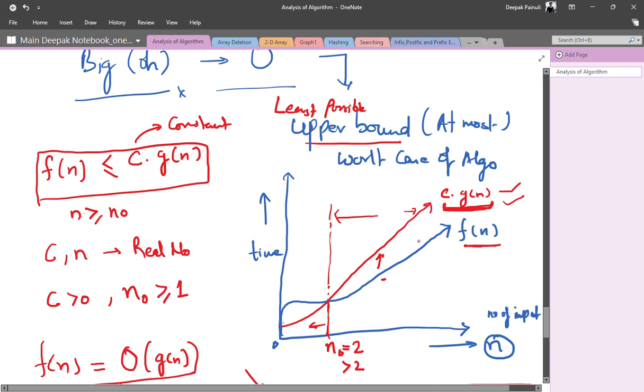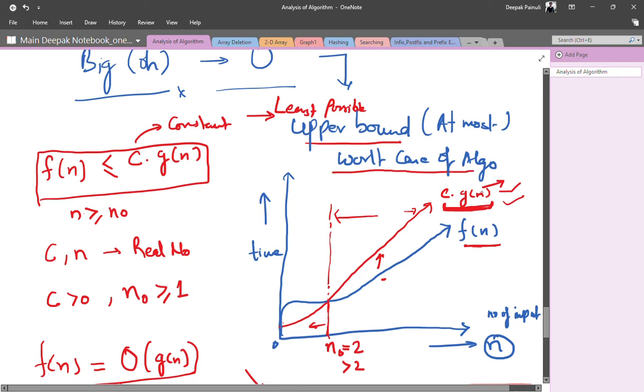What it means is that for any algorithm, this function will tell the upper bound for that particular algorithm, right? So it will show you the least possible upper bound. Here the least possible upper bound means we will consider only that upper bound which is nearest to our function fn value, right? That's why we are talking about the worst case of an algorithm.